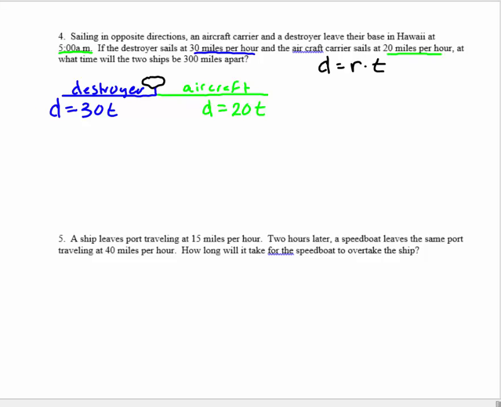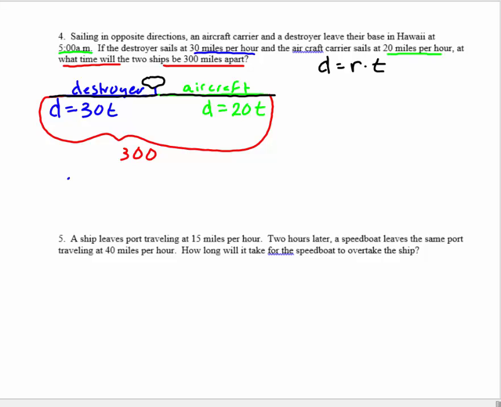The last piece of information says at what time, that's what we're looking for, will the ships be 300 miles apart. So when they get to be 300 miles apart, we want to know what's the time. So if we add the distance of the destroyer plus the distance of the aircraft carrier, we should get the total distance, which is 300.